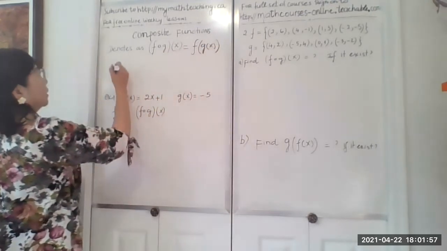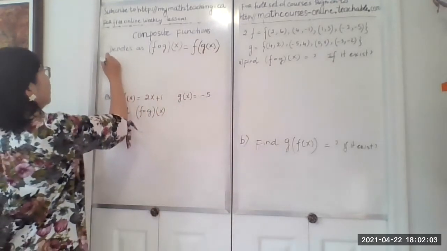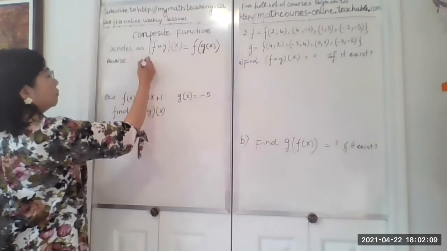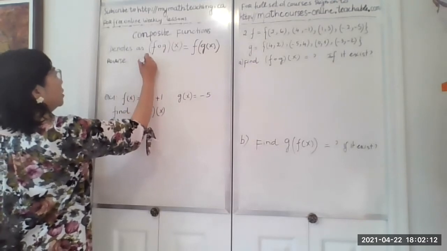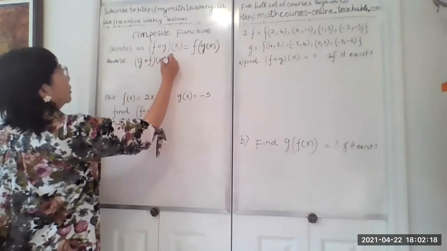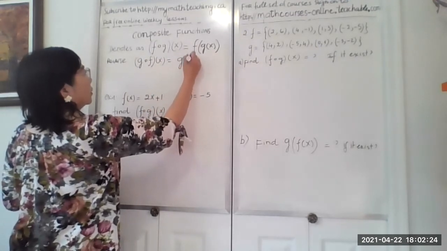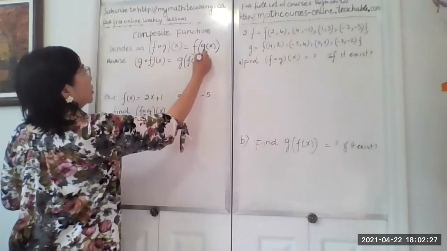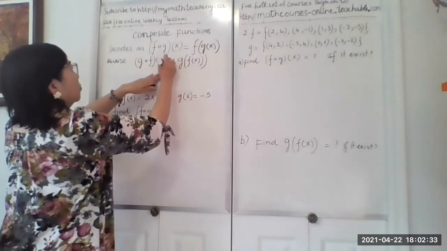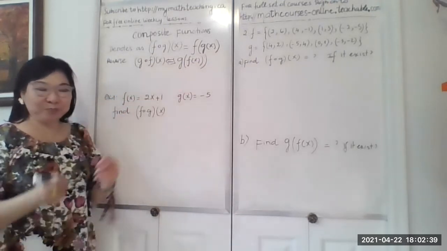So f of g of x. Now, if we reverse, we will put the g of x outside as an outer function. So we will write g, little o, f of x, and the same as you write g outside of bracket, f of x, close the bracket. So either way denotes a composite function.